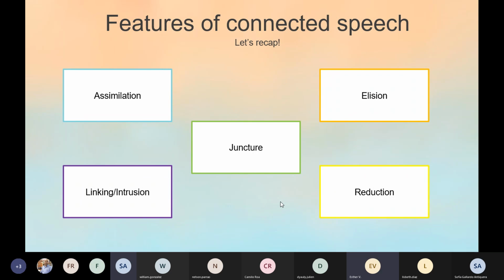Maybe a contraction? Yes, contractions are part of reduction. What other type of words are commonly reduced? There is a particular group of words that are commonly reduced. Okay, so examples like of, and, we reviewed them. That is correct. Contractions are actually reduction. Monosyllabic words or function words are commonly reduced. So yes, I would say that that's the definition.